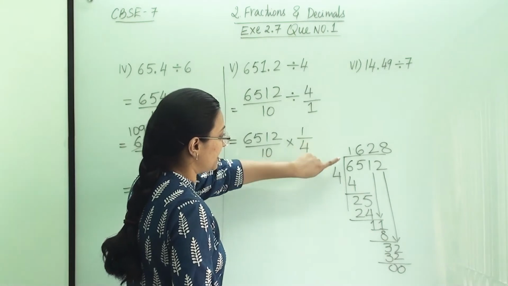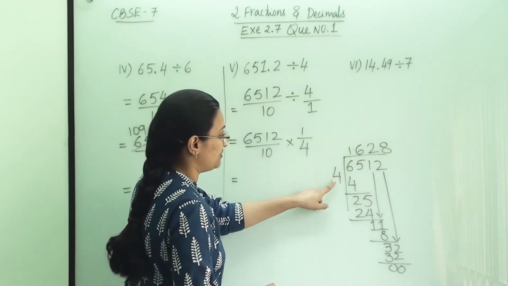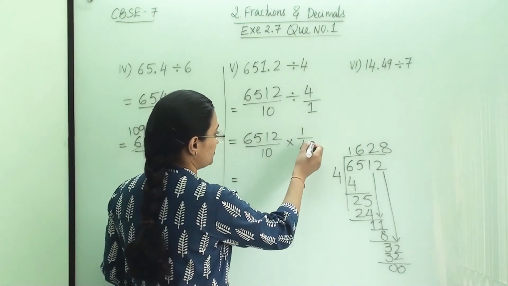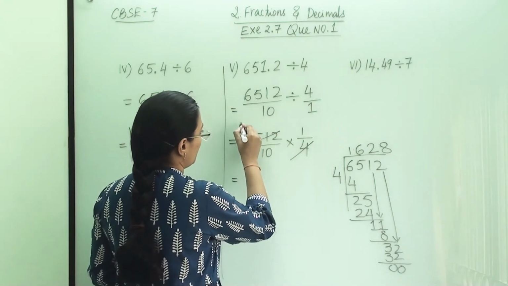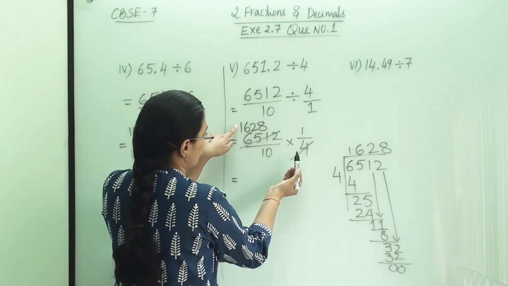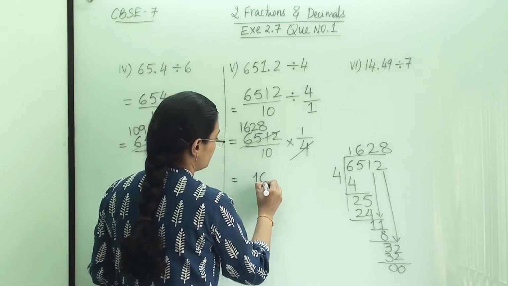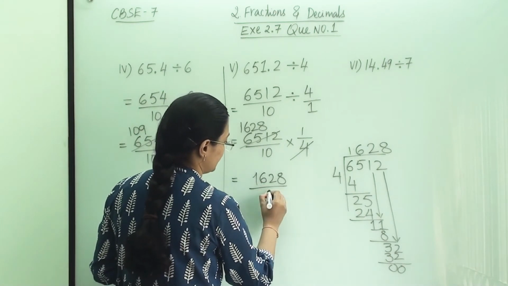So we can divide 6 5 1 2 with 4 and get 1 6 2 8. So here 4 into 1 6 2 8, when we will multiply this with 4 we will get 6 5 1 2. So here answer is 1 6 2 8 in division 10.